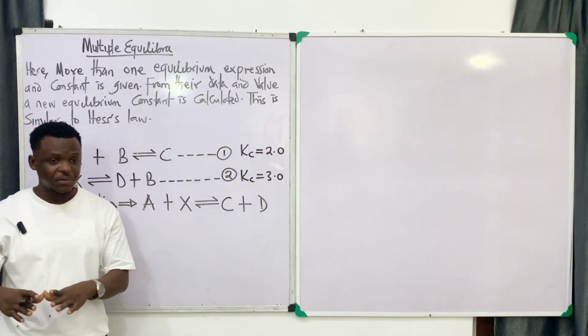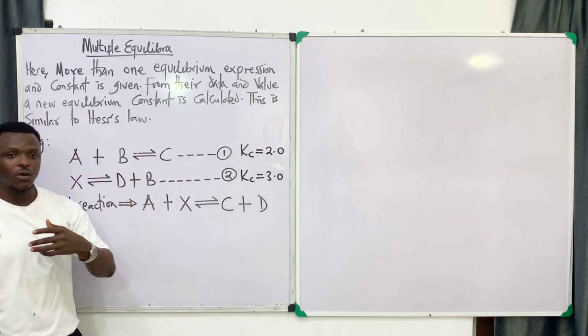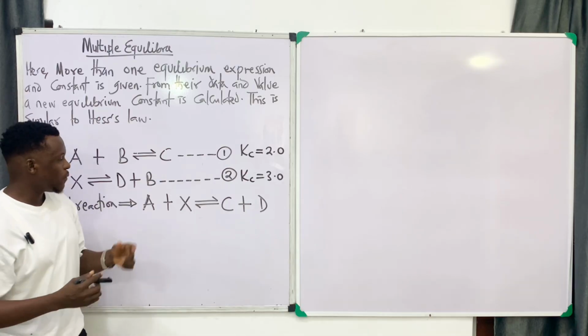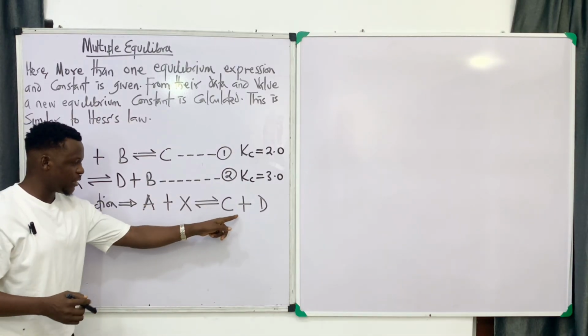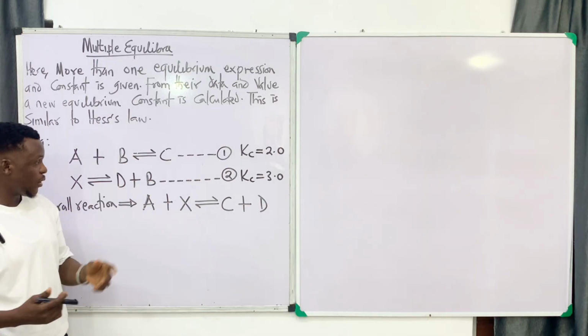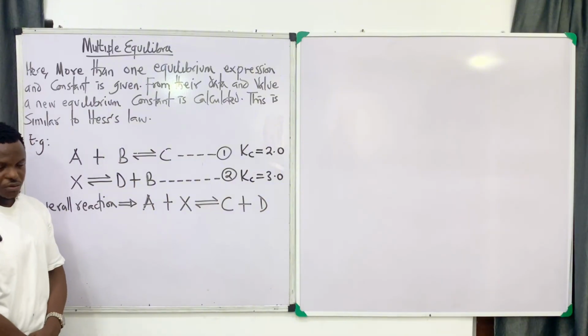It's a must. This pattern is very similar to that of Hess law in thermochemistry, but we don't want to go into Hess law. B is not present in the overall equation, so we're going to cancel out B.